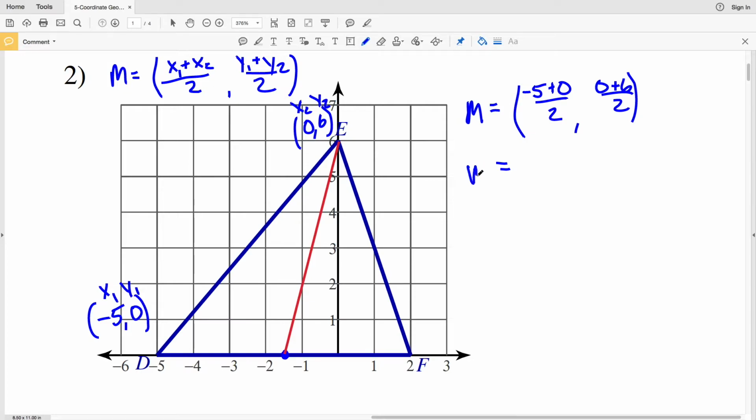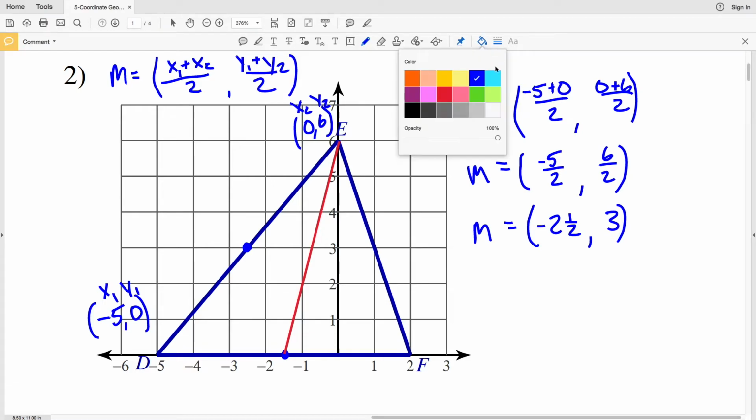So the midpoint will equal -5 halves and 6 over 2, which we can write as -2.5. 6 divided by 2 is 3. So our midpoint occurs at -2.5, 3.